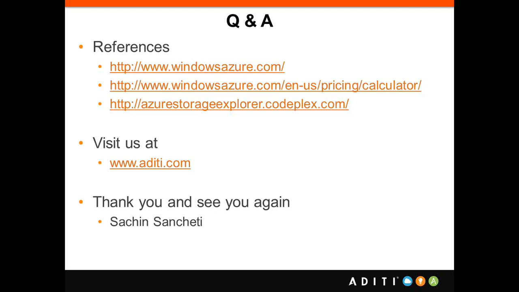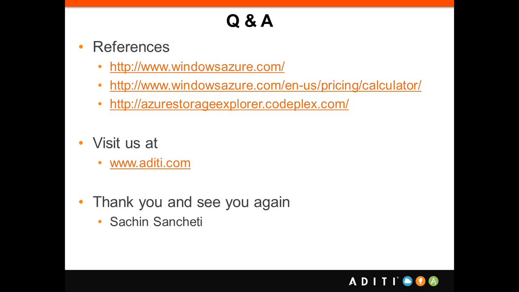WindowsAzure.com is a good place to start. You'll get a lot of information there, like the SDK download and all the new happenings. There is a pricing calculator, as we talked about, if you want to get a hang of how much you are going to spend to run an application. And Storage Explorer: there are a lot of tools available.